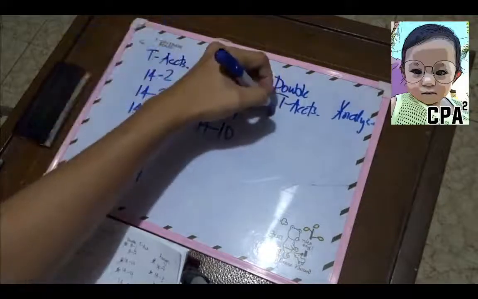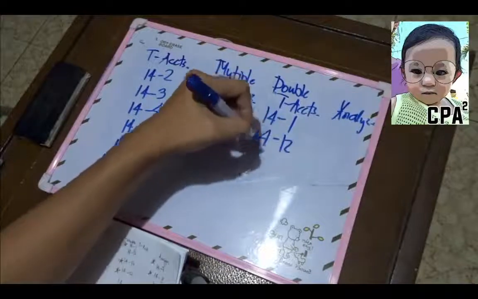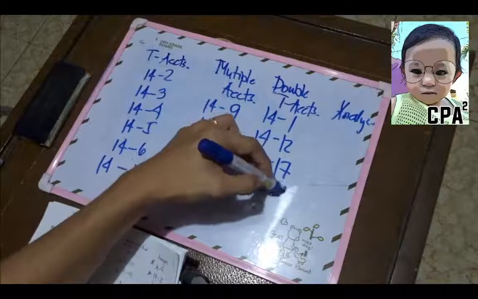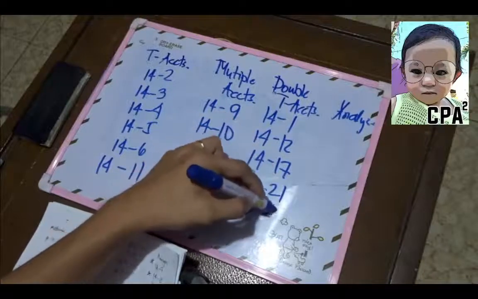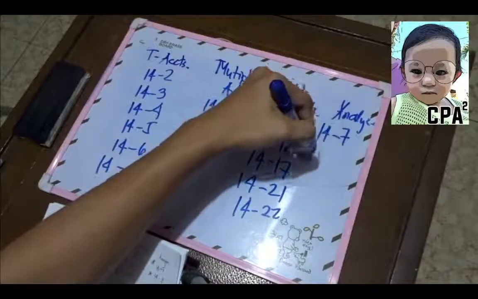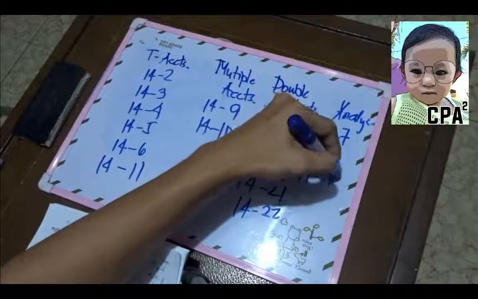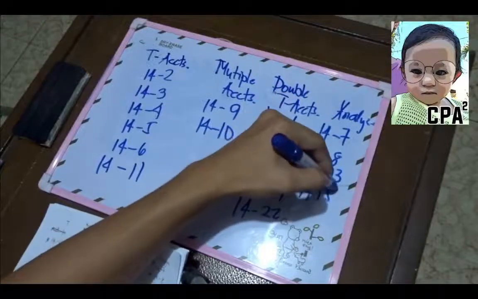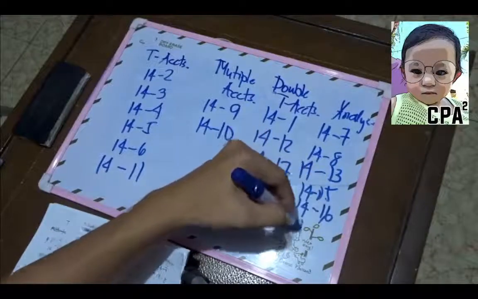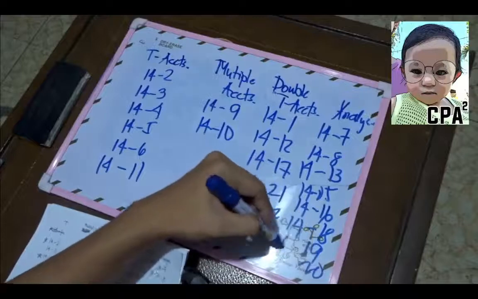For double T accounts, you have 14-1, 14-12, 14-17, 14-21, and 14-22. And lastly, you have 14-7, 14-8, 14-13, 14-15, 14-16, 14-18, 19, and 20.